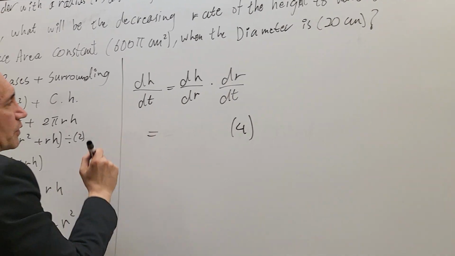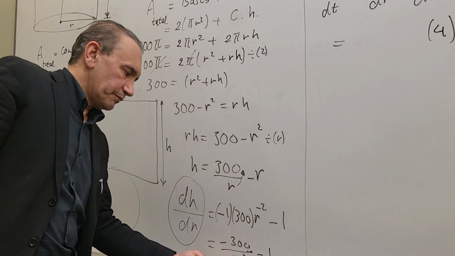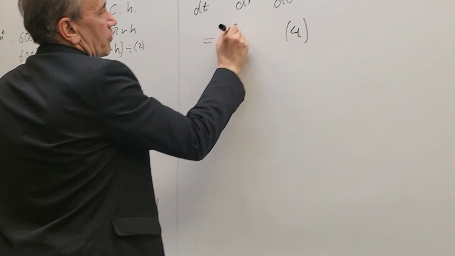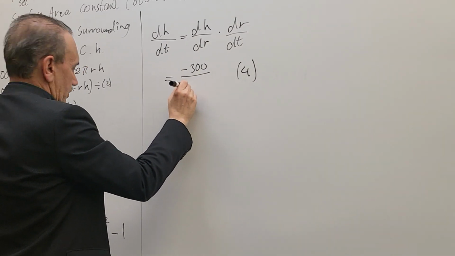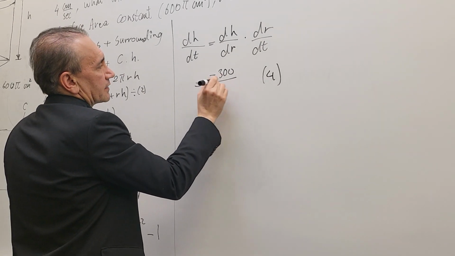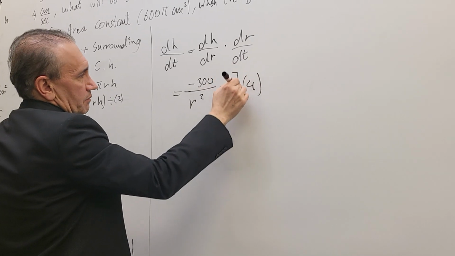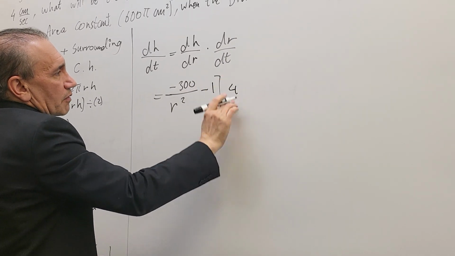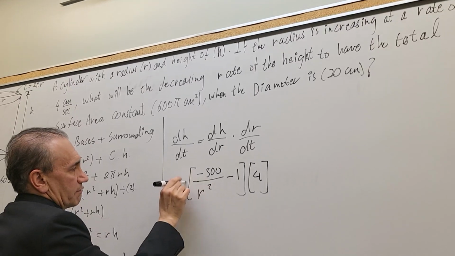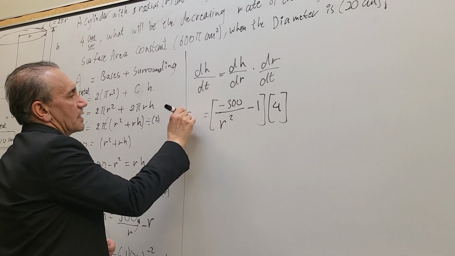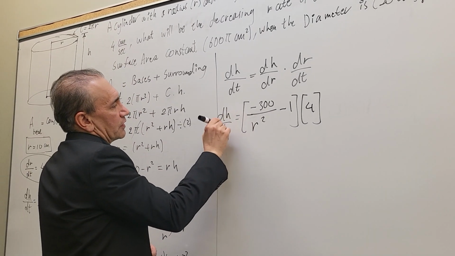Let's substitute what we have for dh over dr, negative 300 over r squared minus 1, and multiply all of it by dr over dt. I'll rewrite it this way, and this is my change of the height with respect to time.